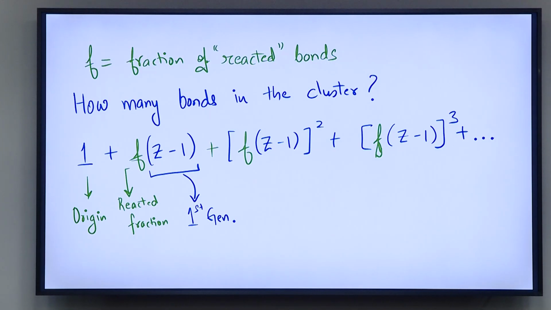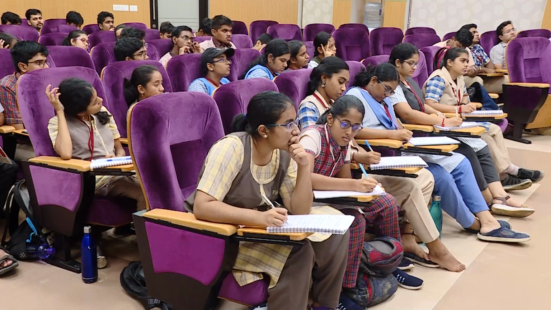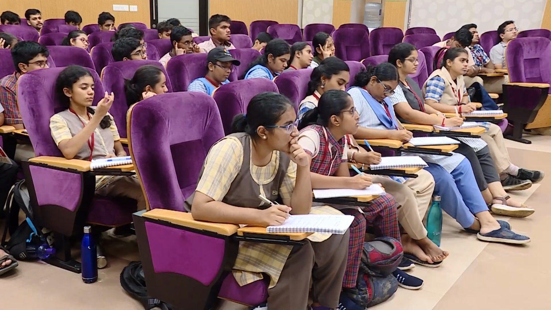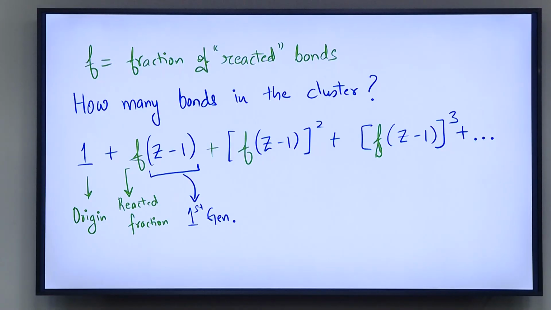And how many neighbors in the next generation? Z minus 1 neighbors are there. With the probability F, they are connected. Each of them is connected with the probability F. So the number of bonds becomes F times (Z minus 1). If all are connected, it's simply Z minus 1, F is equal to 1. If none of them are connected, F is 0. Z minus 1 is the number of neighbors in the next generation. See here.